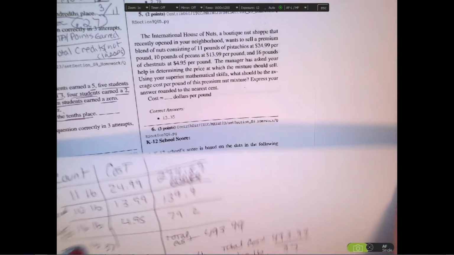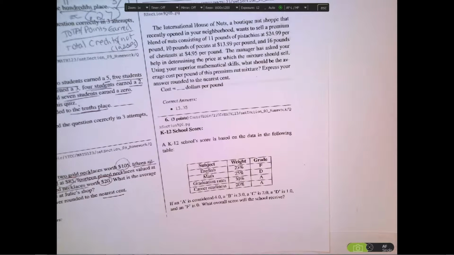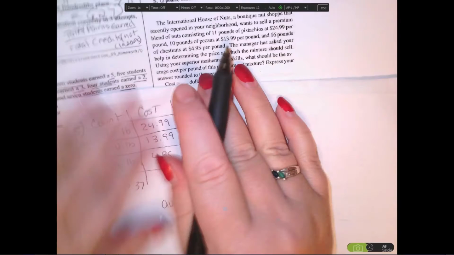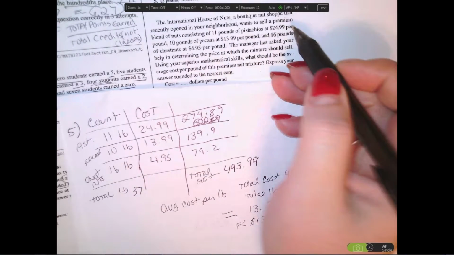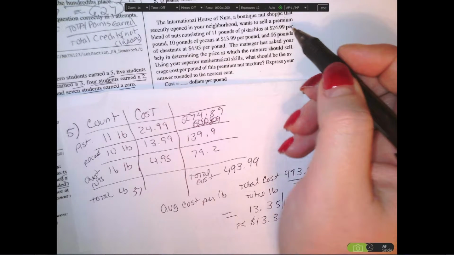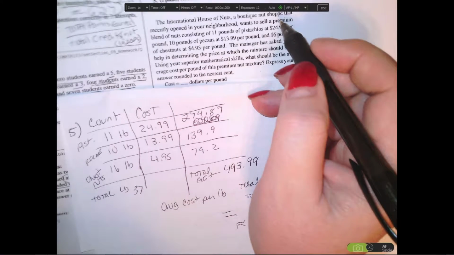Okay, number 5. The International House of Nuts, a boutique nut shop that recently opened, wants to sell a premium blend of nuts.